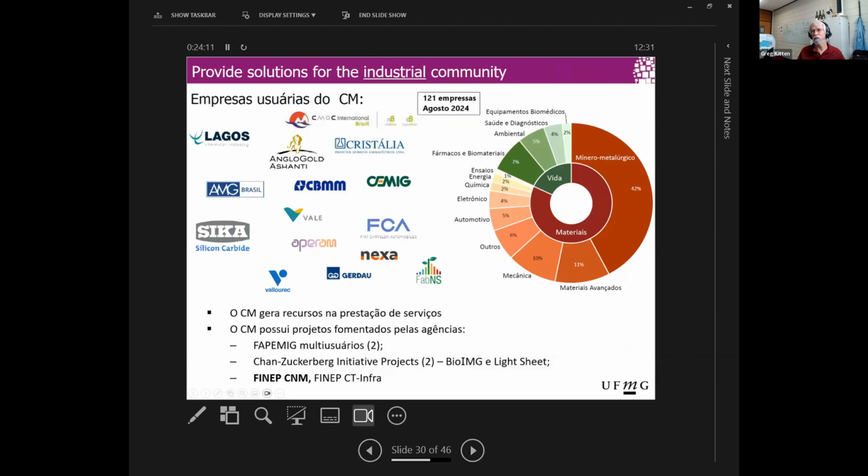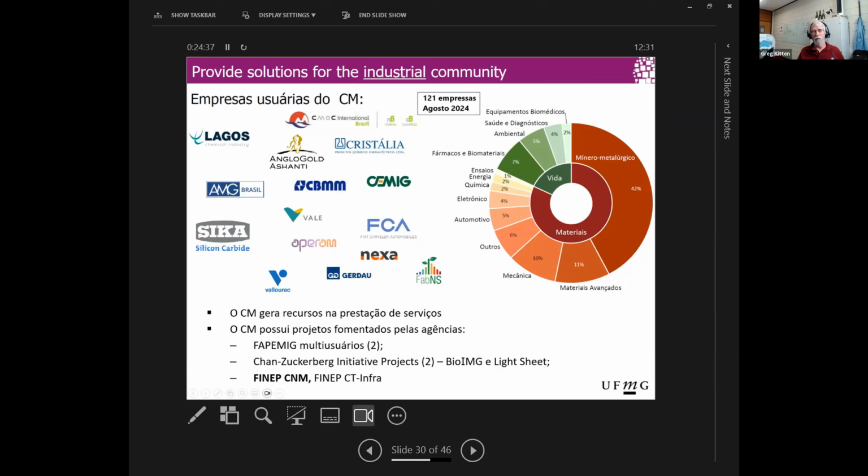Some of these are all linked to the mining industry with iron and different ores, aluminum, automotive also, and other material science. The life sciences is in this range here, obviously far below what we have on the other side, but we're trying to expand this, and I think we're actually a little above these numbers, but I'll show you a list in just a minute.